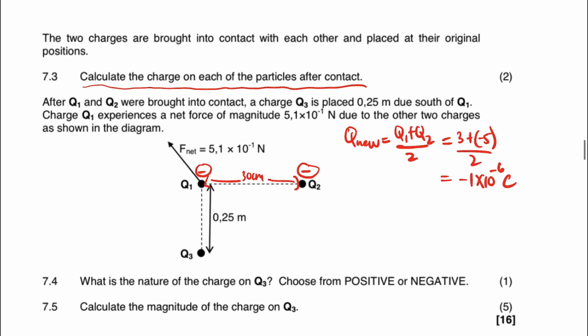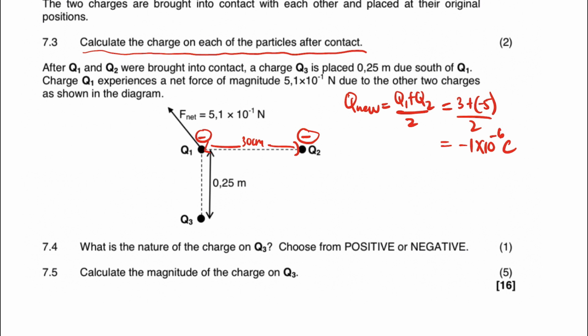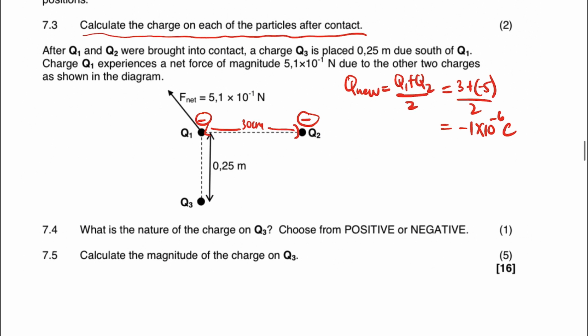Okay, now the question is asking, what is the nature of charge 3, charge Q3? What is the nature of it? Okay, now I would like to do this. The net force is going in that direction, right? This is the net force, right?